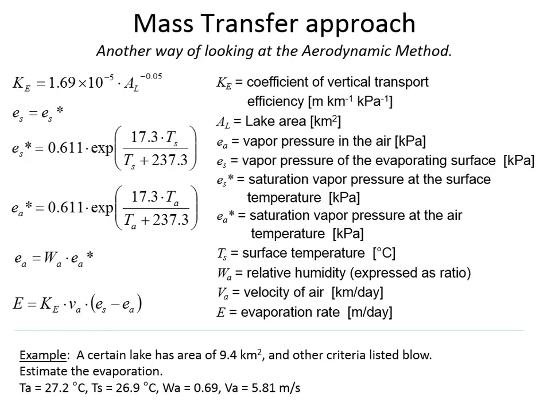That is from equation 7.19 in the text. Equation 7.4 in the text says that we can find the saturation vapor pressure at the surface as a function of the temperature.